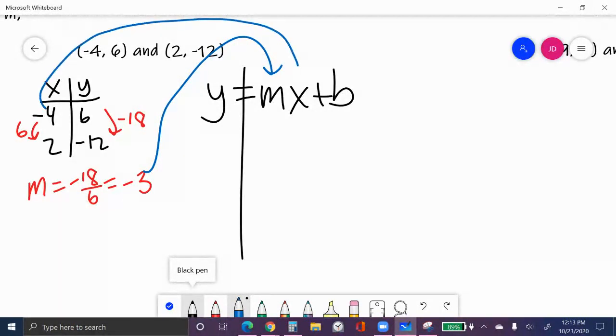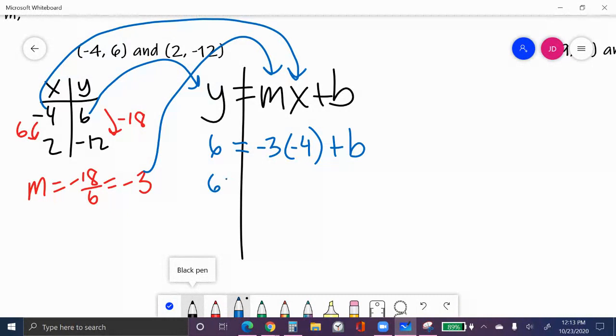Negative 4 goes in for x. The 6 goes in for y. So we have 6 equals negative 3 times negative 4 plus b. Negative 3 times negative 4 is positive 12 plus b. Minus 12 from both sides.